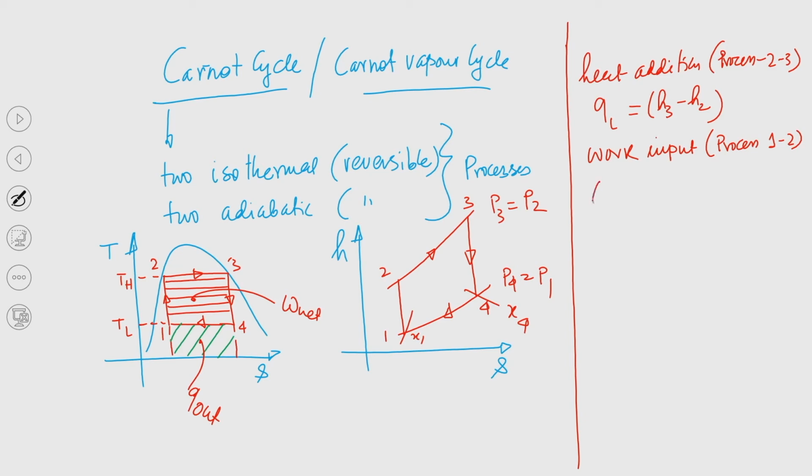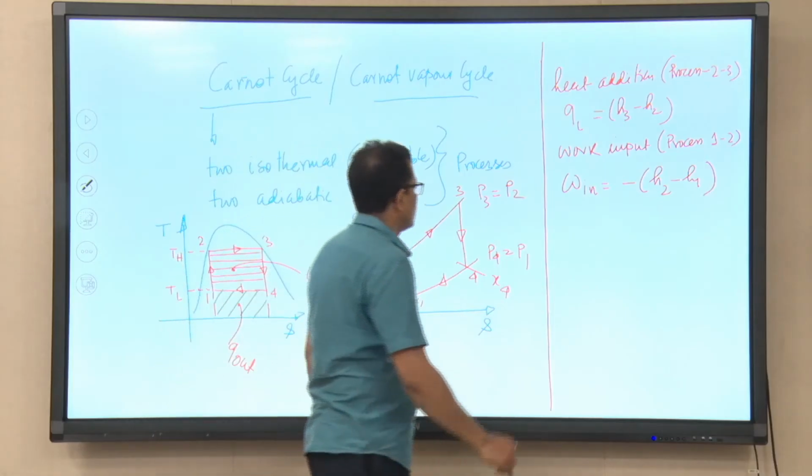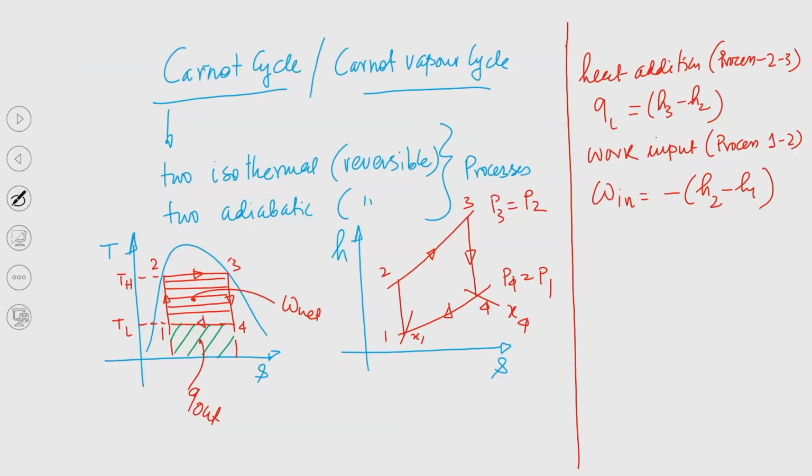So, that is minus H 2 minus H 1. So, I have given negative, that is the negative work that is given into the system. Now, that is work output, process 3 to 4, that is W out, that is H 3 minus H 4, and heat rejection.